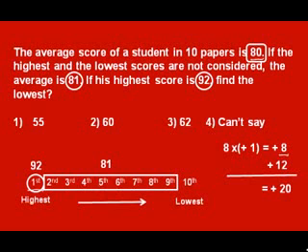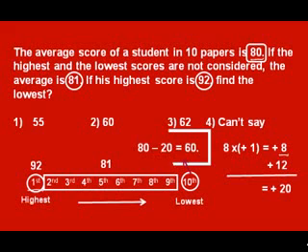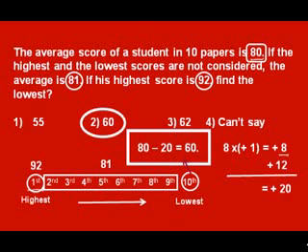Now positive 20 is the total deviation given by the numbers from 1 to 9, which means the 10th number should be giving a deviation of negative 20. So the 10th number should be 80 minus 20, which is equal to 60. Hence the number is 60.